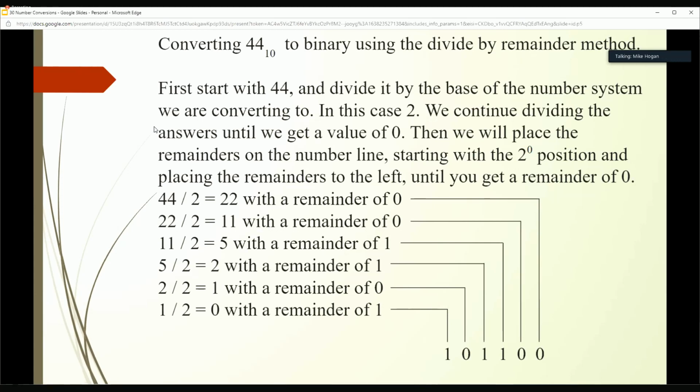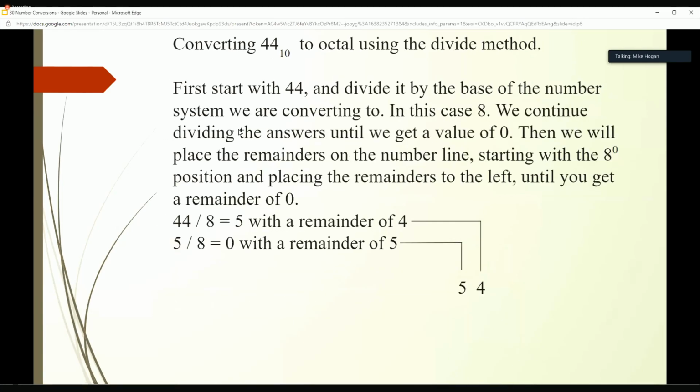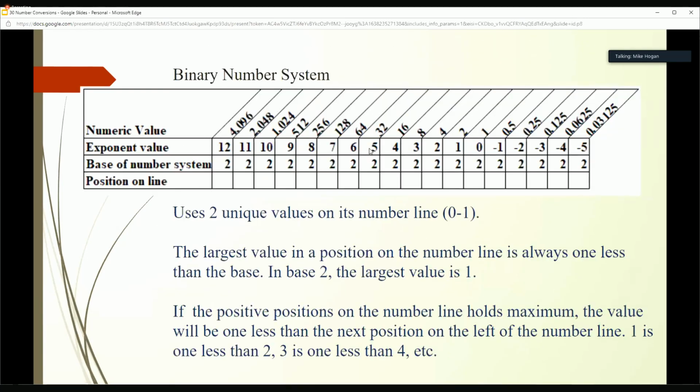Because just like we talked about with our decimal in terms of those weights being 1, 10, 100, the same thing holds true with binary. Let's skip ahead and just, here we go. Let's take a look at this, right?